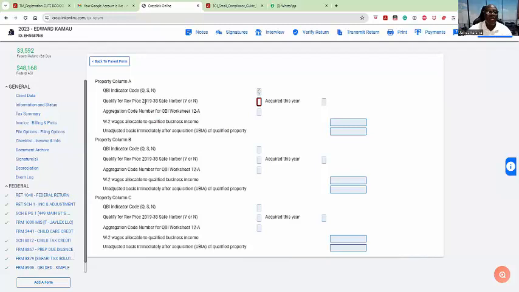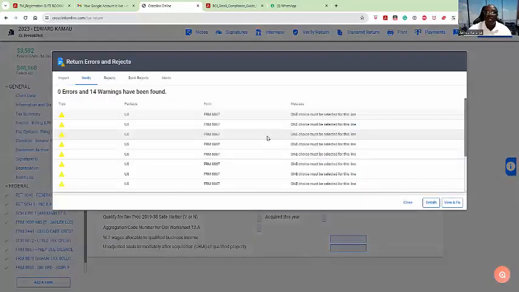Qualified for Safe Harbor, acquired this year. Is it a Safe Harbor? No, let's say no. Not a Safe Harbor. Safe Harbor are businesses that are used to, sometimes people use even rentals as Safe Harbor so that they don't pay a lot of taxes.